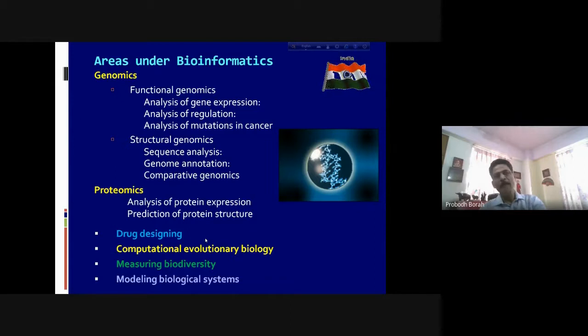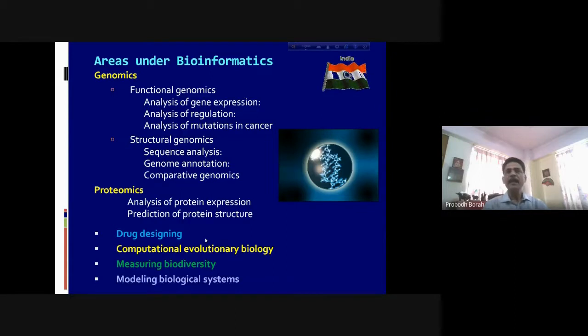So earlier, prior to the advent of the omics technology, people used to study the genetic variation between species based on the phenotypic characteristics. But after the advent of the omics technology, now emphasis is given to establish relationship between species and to find out the variation between species based on genomic as well as proteomic analysis.